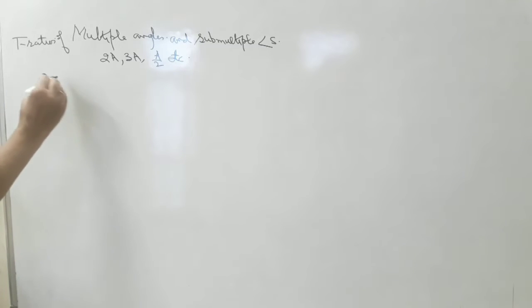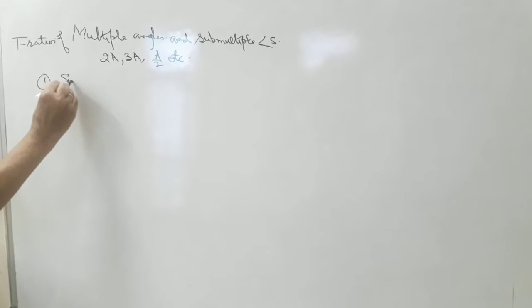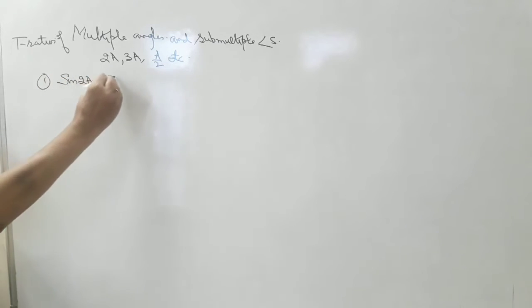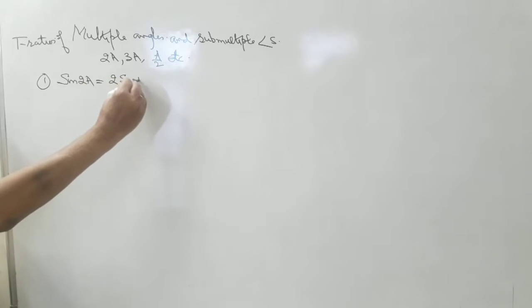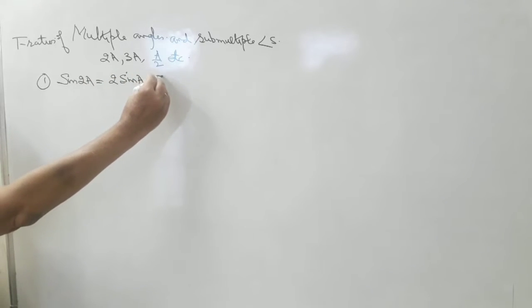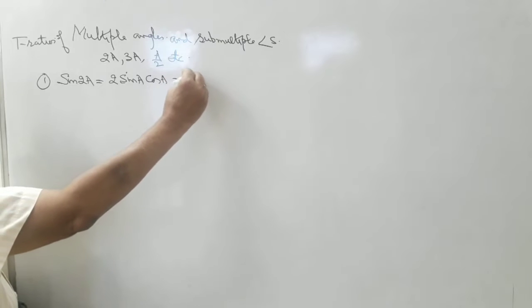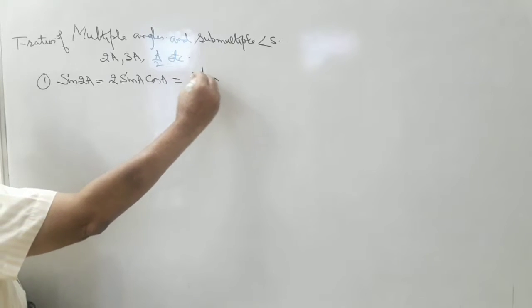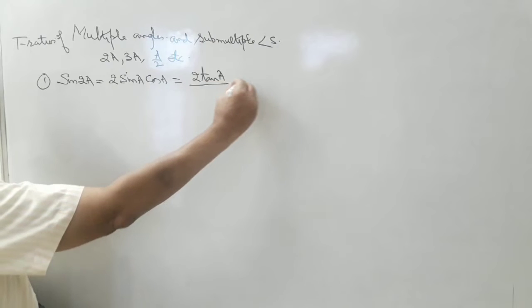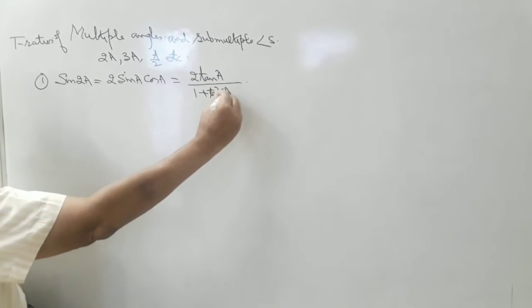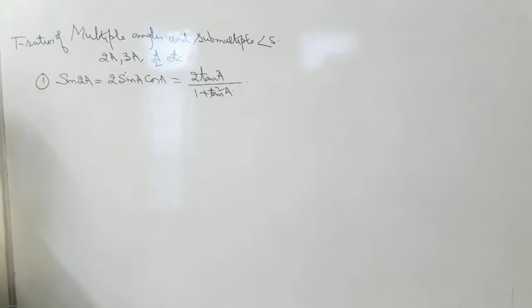First, corresponding to 2A, note down very carefully, sin 2A is 2 sin A cos A. That is, we are to now express 2A in terms of A. And also sometimes it will be used in terms of tangents, 2 tan A over 1 plus tan square A. Which formula to apply depends upon the question and the practice only.